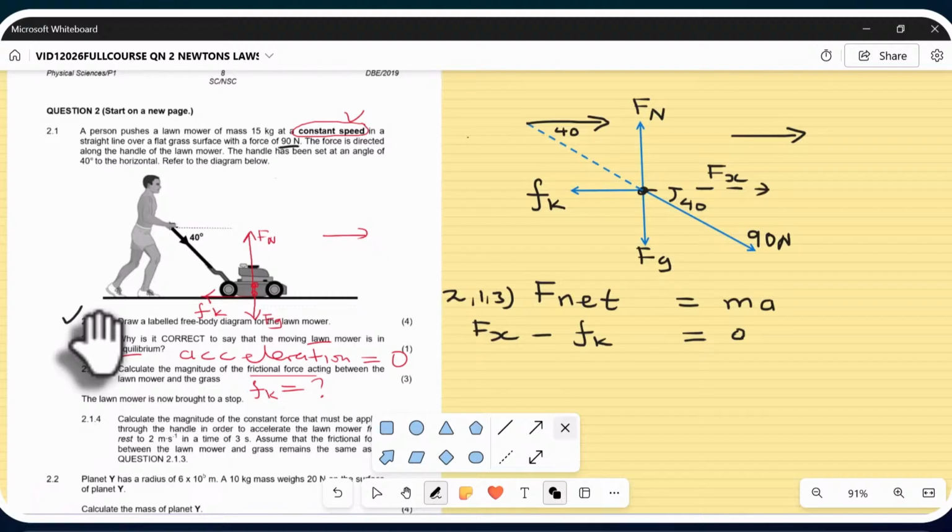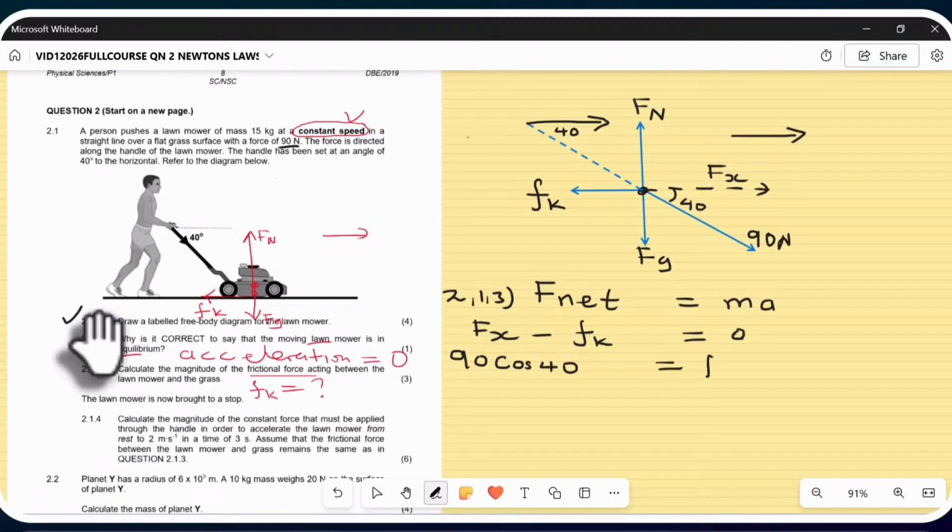What's our Fk equals to? It gives me 68,94 newtons. And I hope, guys, we are together.